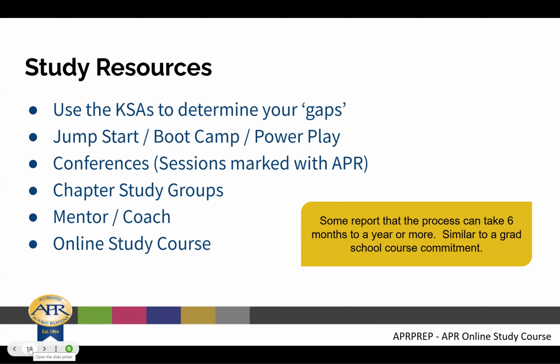So once you advance from that APR plus M panel, you then take the same APR exam. So APR candidates and APR plus M candidates take the same written or CBE exam, but the difference lies in that panel presentation section.